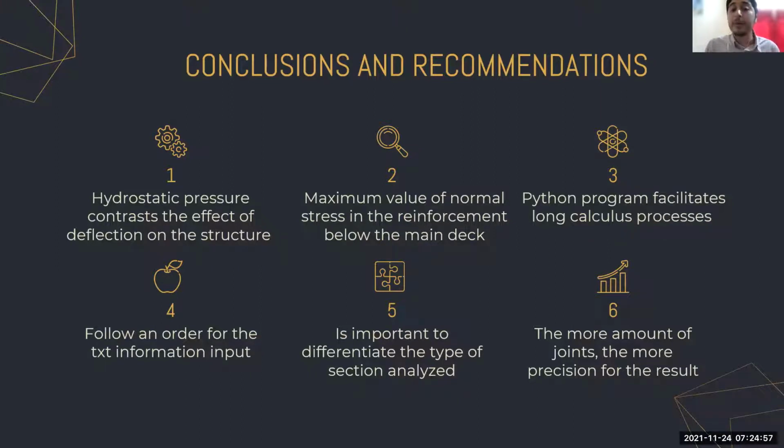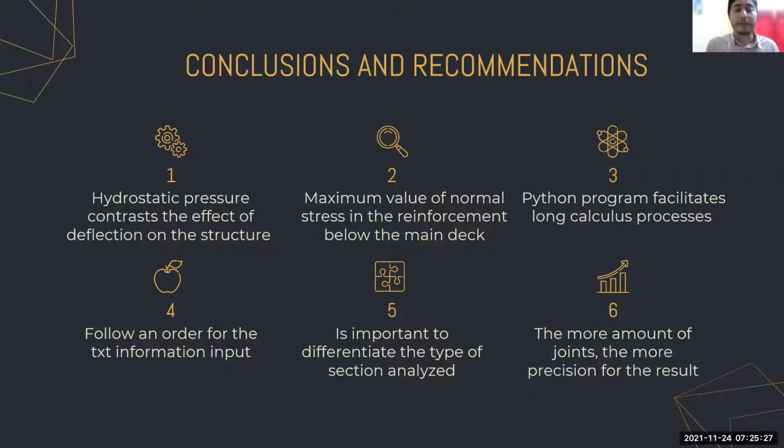The maximum value of normal stress is in the reinforcement below the main deck, the diagonal reinforcement behind the main deck. Python programming facilitates the long calculation process because it helps us do operations like multiplication or inverse for a large number of matrices.